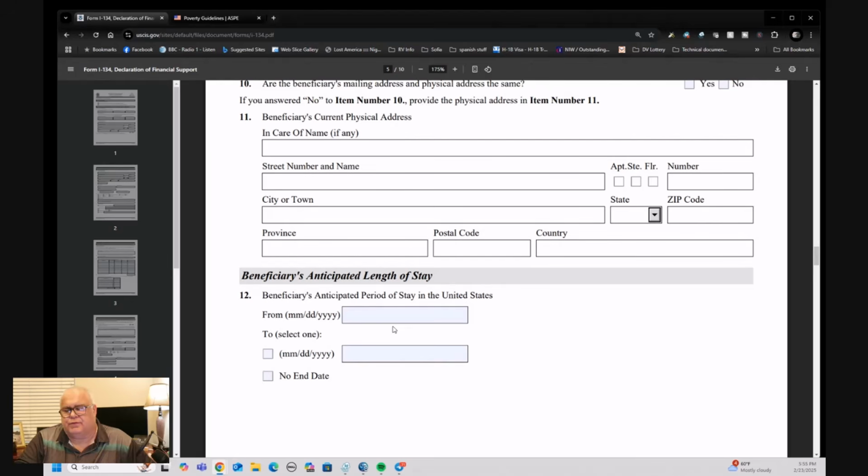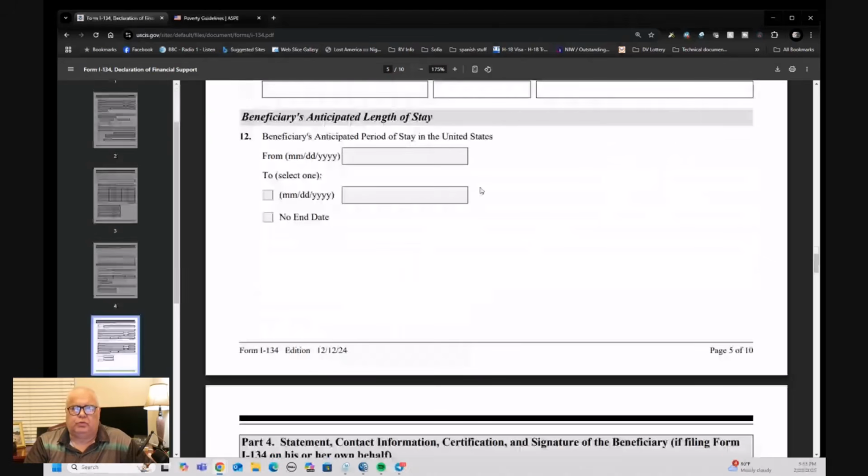Just before I go on to that, let me just address something. The old 134 had places to list every single beneficiary derivative, meaning the beneficiary in this case that you're sponsoring. If it's a DV lottery case, you would have given information about the principal winner.